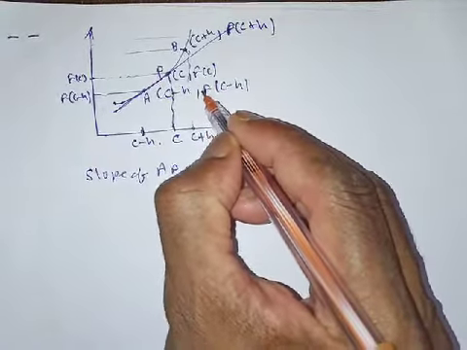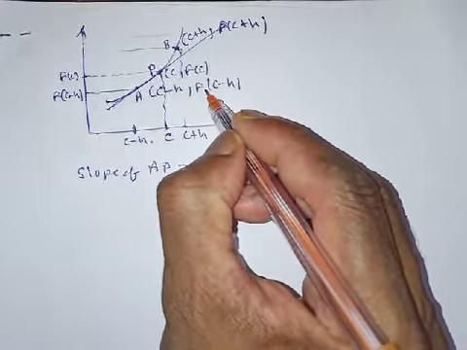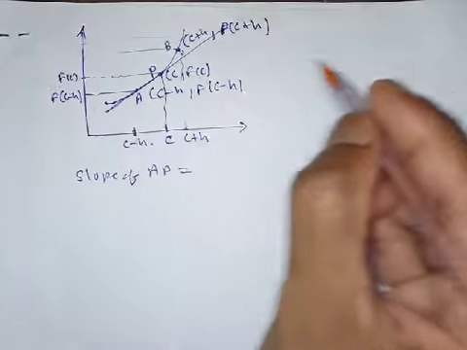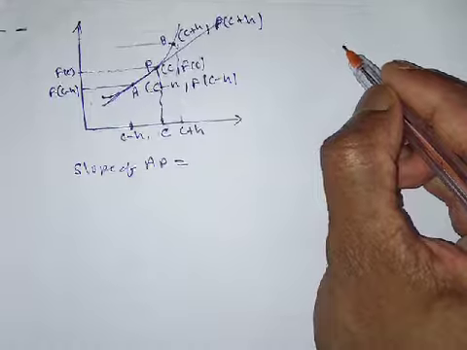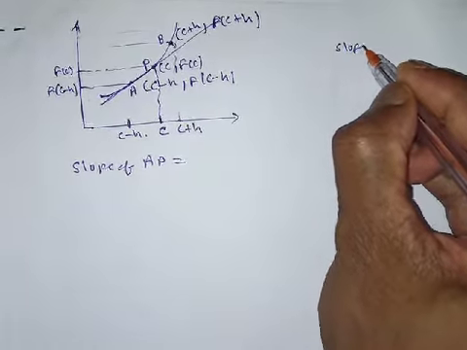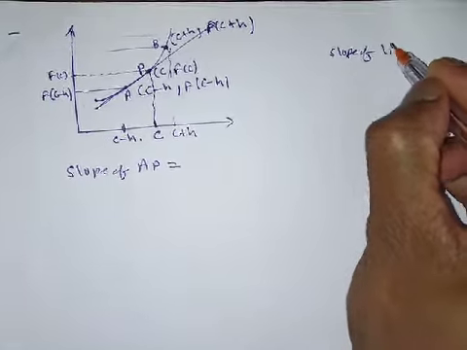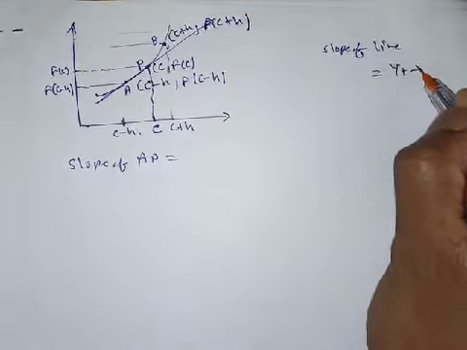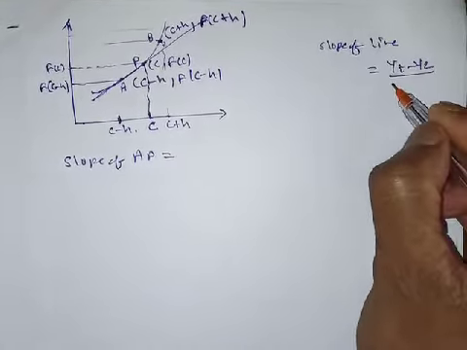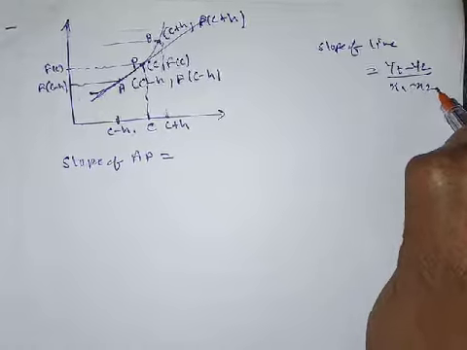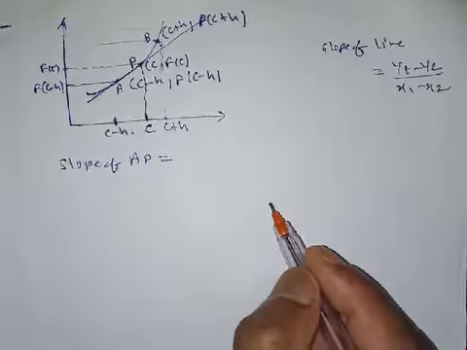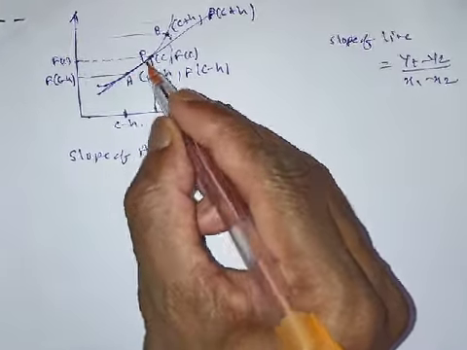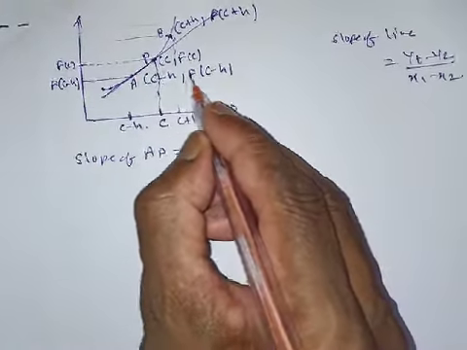We know that the slope of a line is defined as y1 minus y2 upon x1 minus x2. So if we say A here, AP, so what is this?